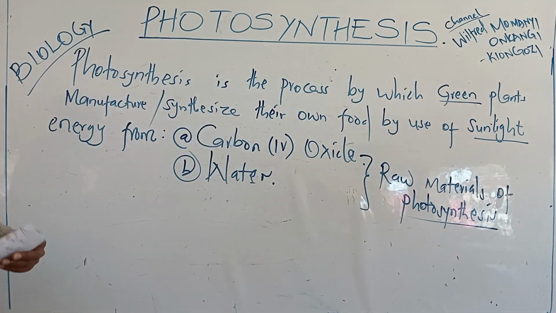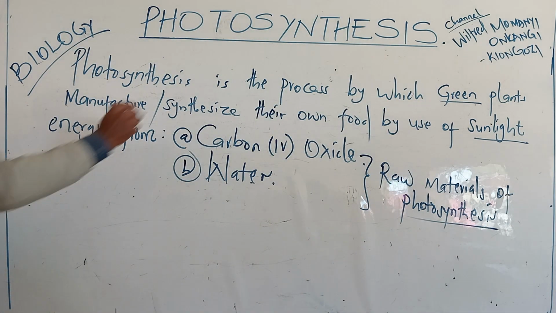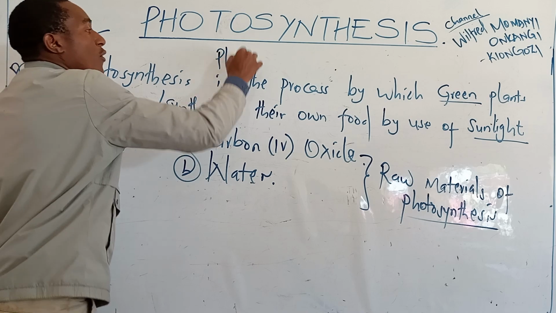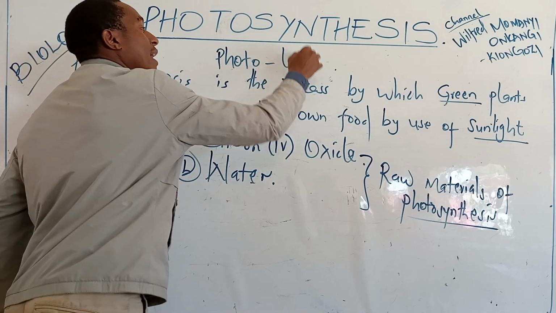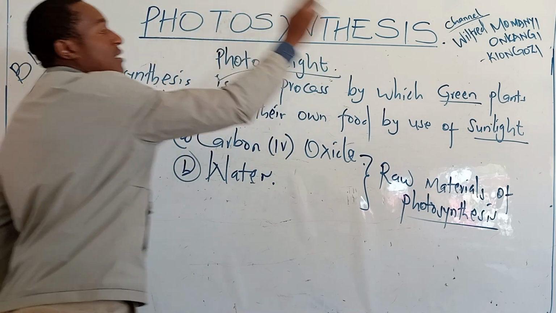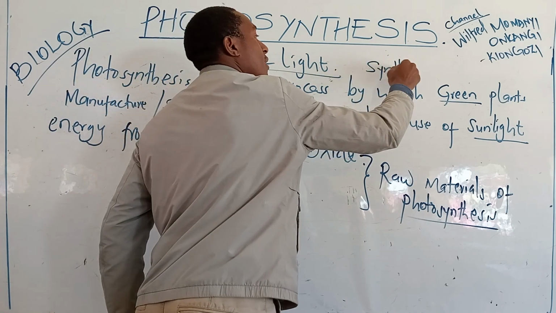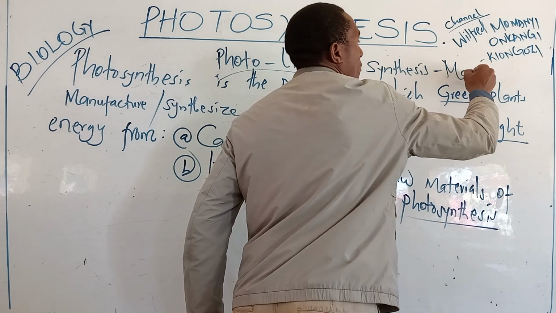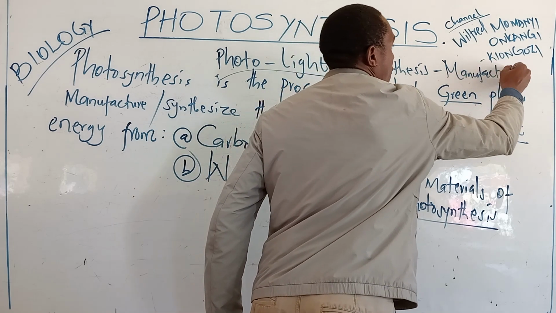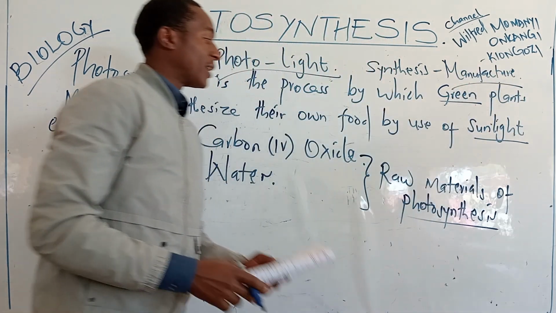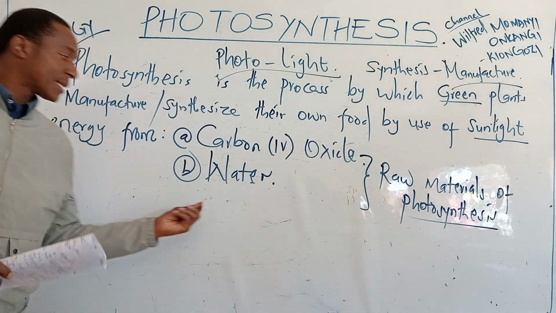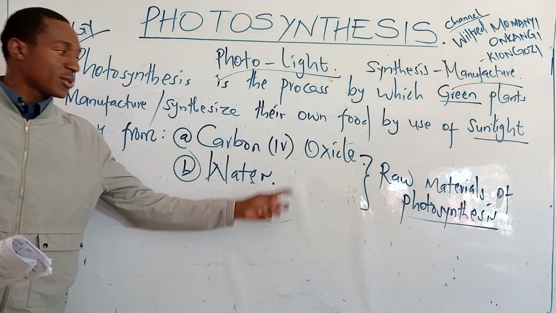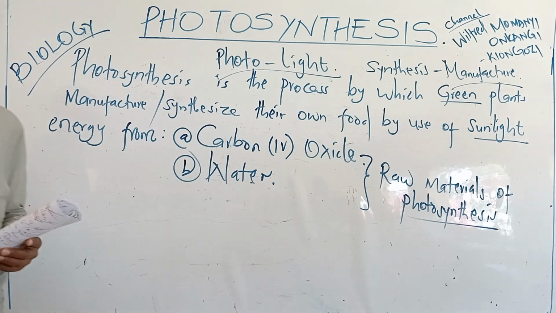Now, if you look at this terminology, photosynthesis, photo means light. Then synthesis refers to manufacture. So green plants require light, and also these two raw materials to be able to manufacture their own food.